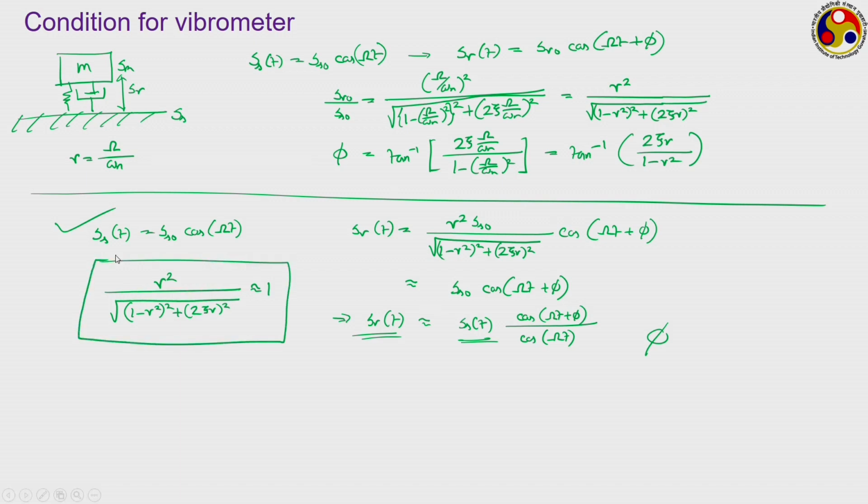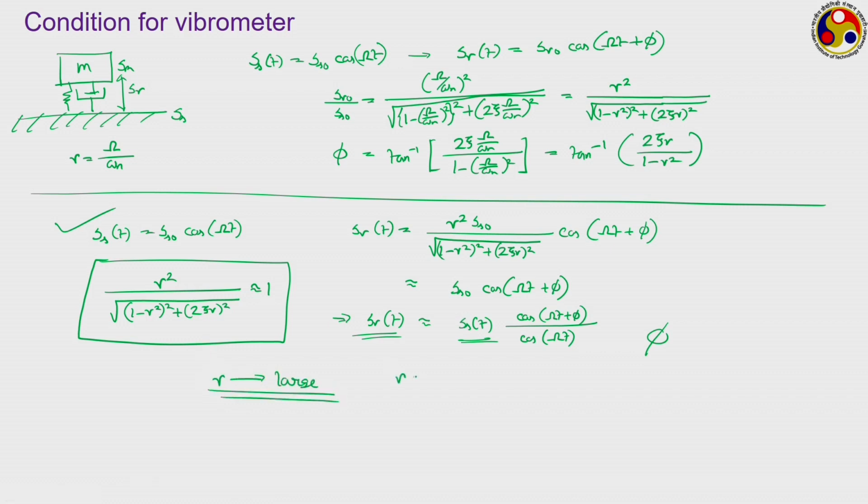Whenever you are designing a vibrometer, we have to ensure that this condition is being satisfied. Now, you can see this condition can be satisfied when this frequency ratio R is large. We have to ensure that the frequency ratio is very large.